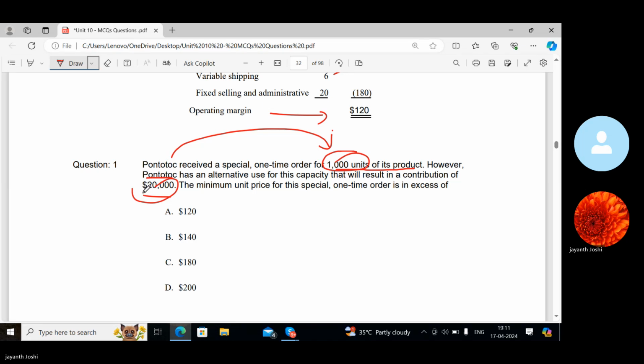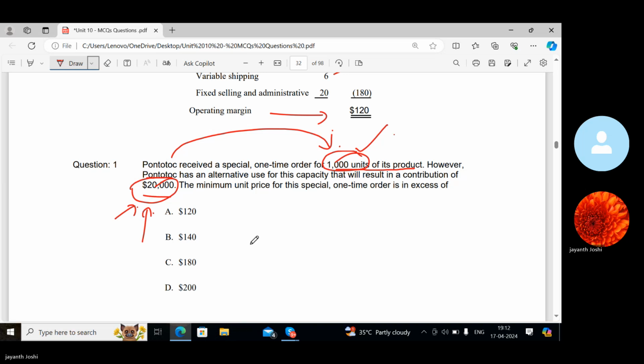So now this contribution they are going to lose, right? That means if Pontotoc is not making this special order, then they may get this contribution. But if they are making this special order, they will not get this contribution. So they have to recover this also, right?